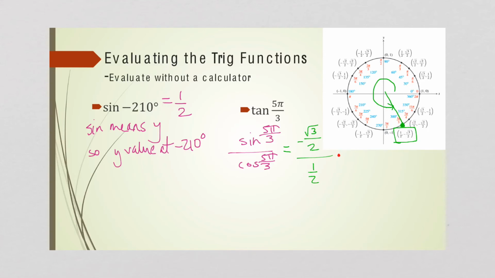So I'm going to multiply this by 2 over 1 and 2 over 1. These cancel out. On top, my 2's also cancel out. So I end up with negative square root of 3 over 1, which is just negative square root 3. Okay? So the tangent of 5 pi over 3 is negative square root 3.